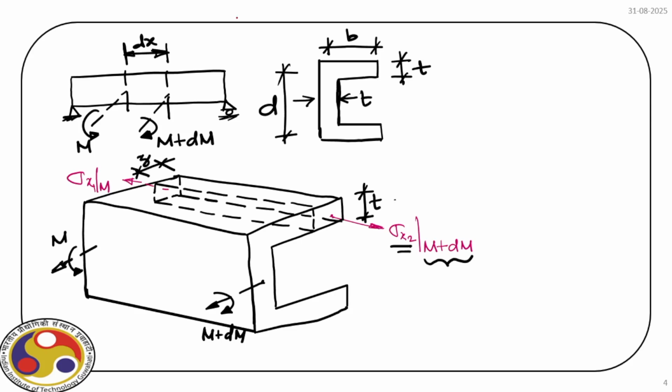So sigma x1 is equal to M by I times d by 2.